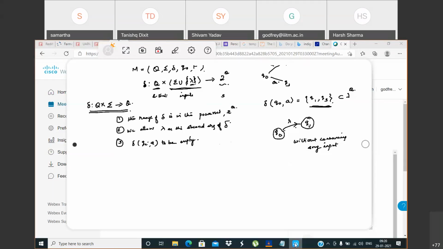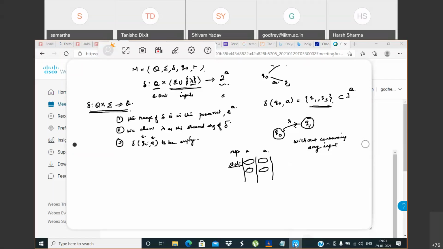Now, we saw that with respect to a deterministic finite state automata, we had the states and the inputs, and the state transition was defined for every input. For all inputs, there was a state transition from any state. Here you can allow delta of qi comma a, with a being the input symbol and qi the current state, to be empty.